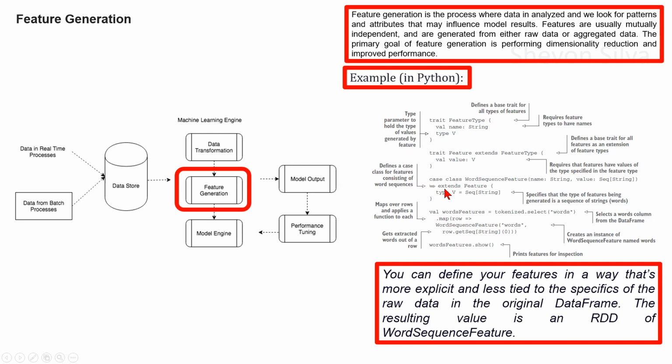Here we define a case class for features consisting of word sequences. Here we specify that the type of features being generated is a sequence of strings, words.